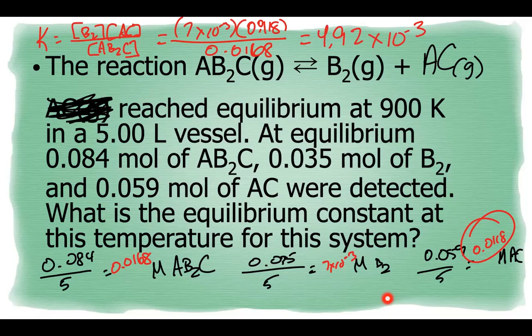Now, I'm not bothering with units at all in my equilibrium expression because I know that K does not have a unit. So yeah, 4.9 times 10 minus 3.